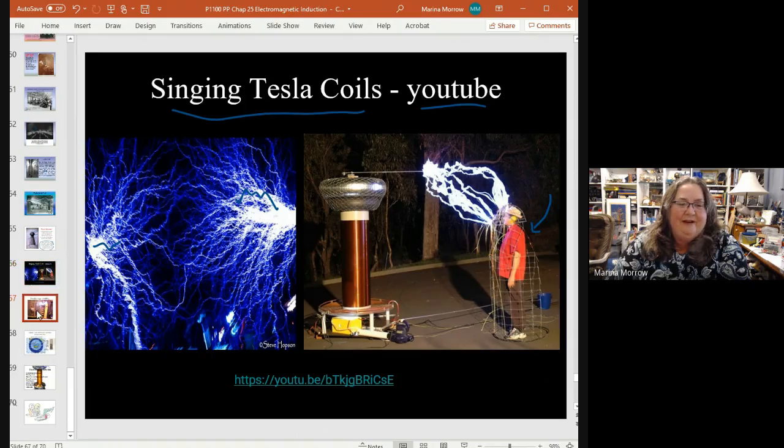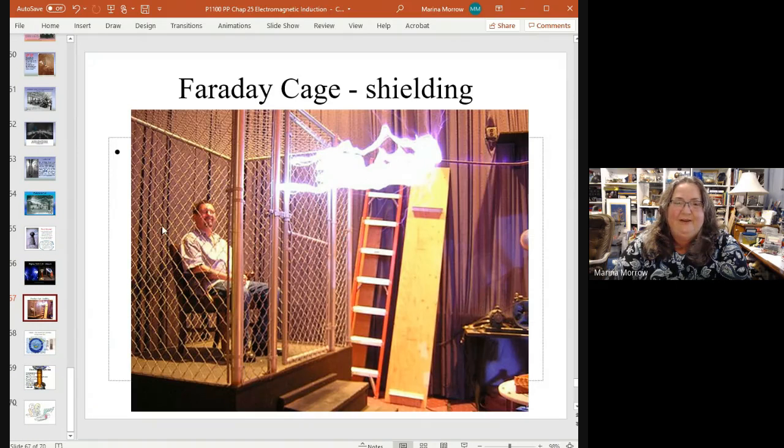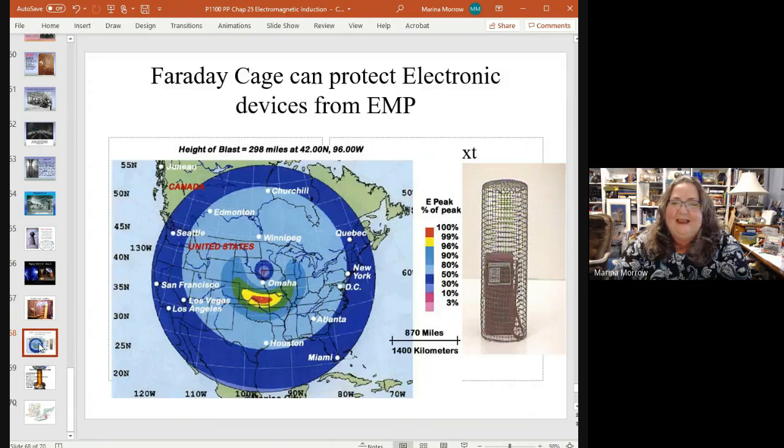And so remember, we talked about shielding before. So metal surrounding you shields you from the electromagnetic waves. They can't get in. And so what people do is, if you want to protect a radio from an EMP, an electromagnetic pulse from a nuclear bomb, you could put it inside a metal cage or a metal toolbox.